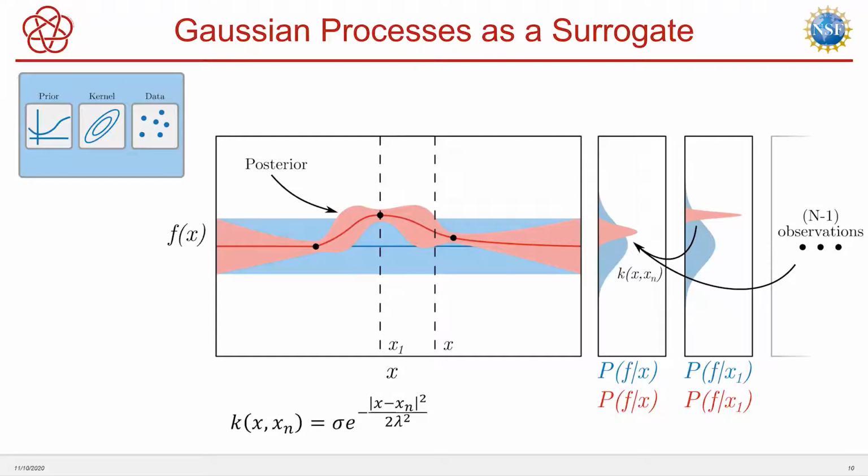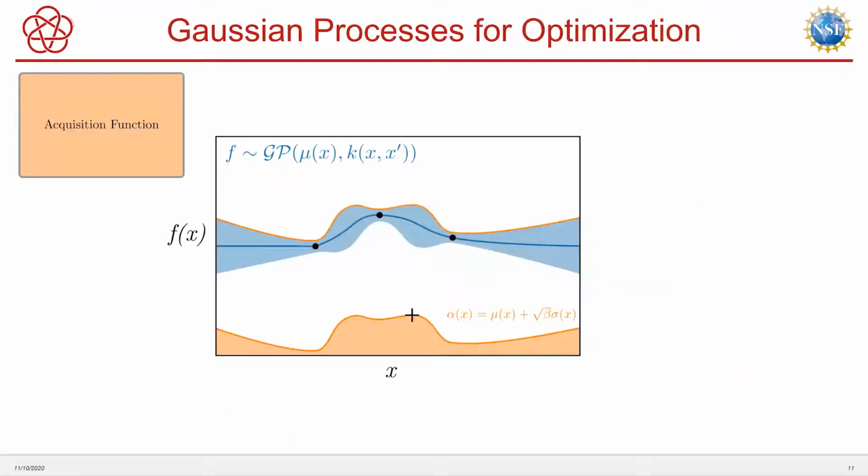We then use this surrogate model, which predicts both a mean function value, shown as the red line in the center, and the uncertainty, shown by the red shading, along with an acquisition function, in order to choose ideal points that are likely to be optimal in choosing our next physical sample to measure.